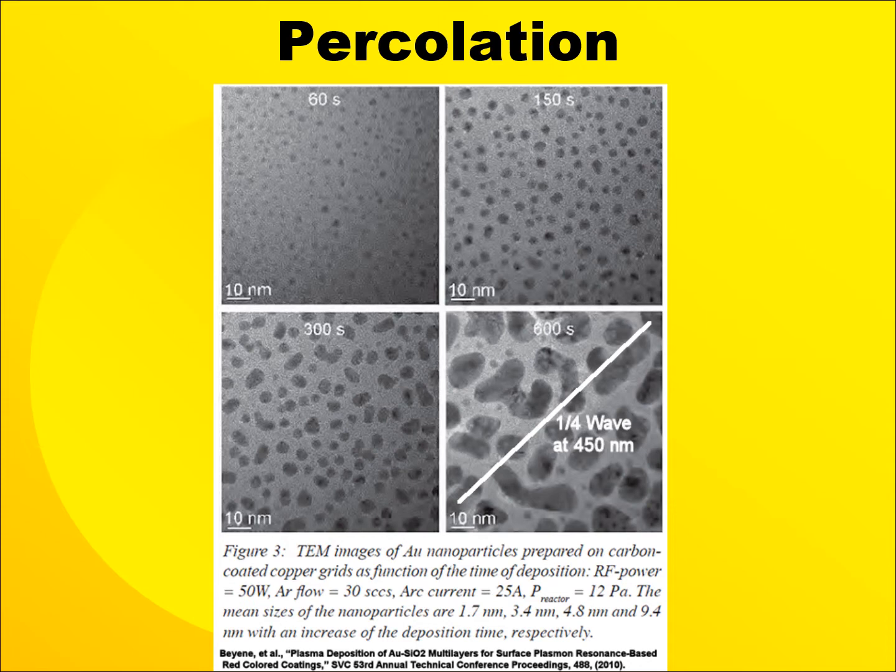This slide illustrates in the lower left that the wavelength scale is orders of magnitude bigger than the scale of these nano islands. And so it behaves as a continuous sort of film when viewed from the point of view of a wavelength, which is much larger.